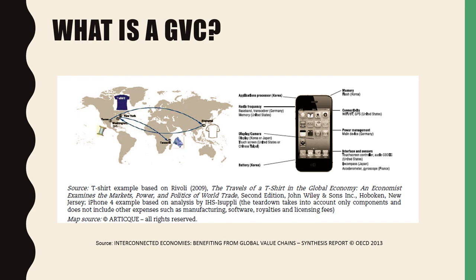The application processors may come from Korea, and some other components may come from Germany and the United States. The battery may be from Korea. For one product, the components are produced in several countries, and this final product may be sold in different countries.